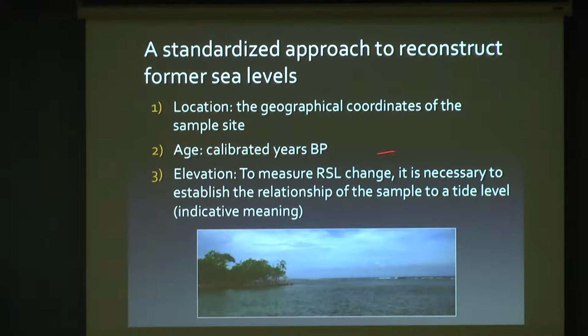One, a location, so this is simply a latitude and longitude, geographical coordinates that describe the sample's location. Two, an age, calibrated to years before present. And three, an elevation related to former sea level, and this is expressed using a relationship known as the indicative meaning of the sample, and I'll get to that.